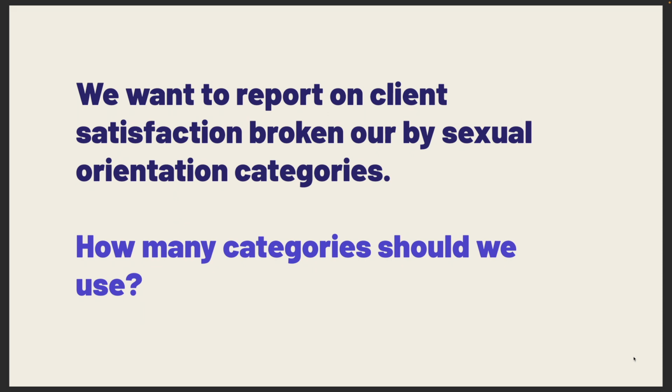So one of the things that might happen is that we build a survey that's very inclusive and includes lots of different options, but then when we try and analyze or make meaning of that data, the people who have selected sexual orientation categories that have small numbers of people in them, the evidence that we get, the understanding of their experience, isn't always as statistically strong as the groups of people that have big numbers of people in their category. So this is a kind of push-pull decision that always exists.